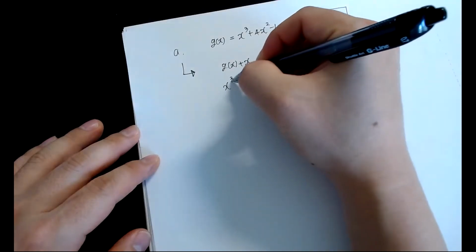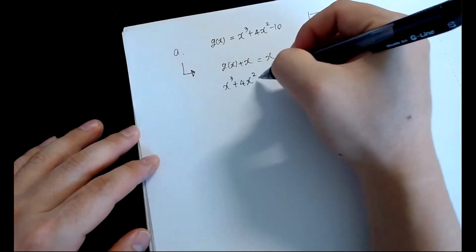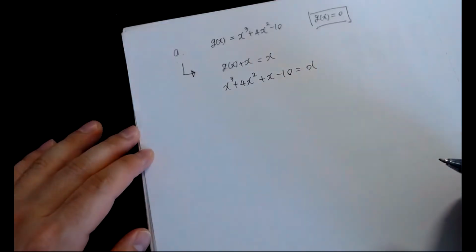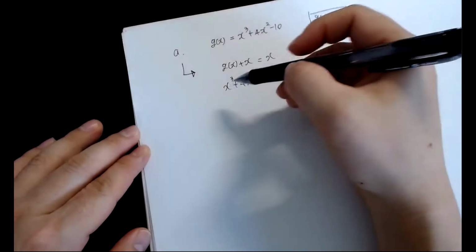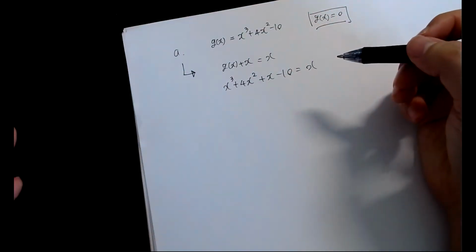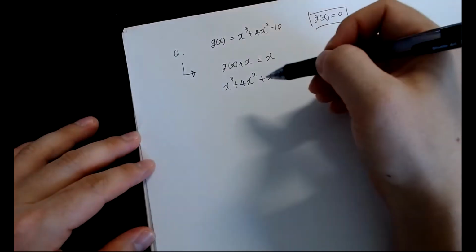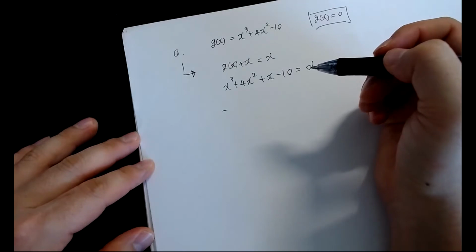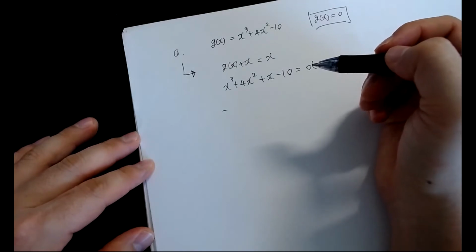Now we got x cubed plus 4x squared, and then plus x minus 10 equals x, right? We just multiply by negative on both sides.